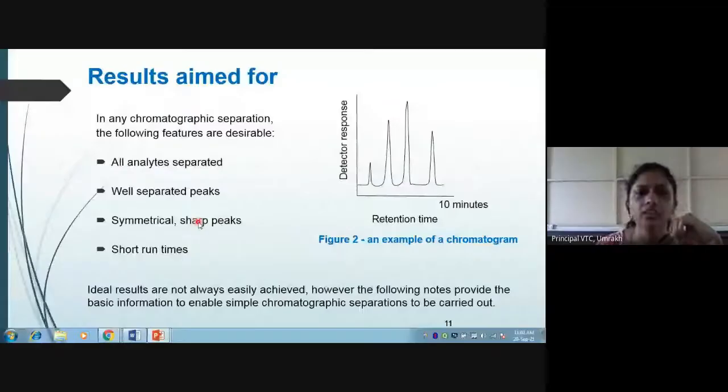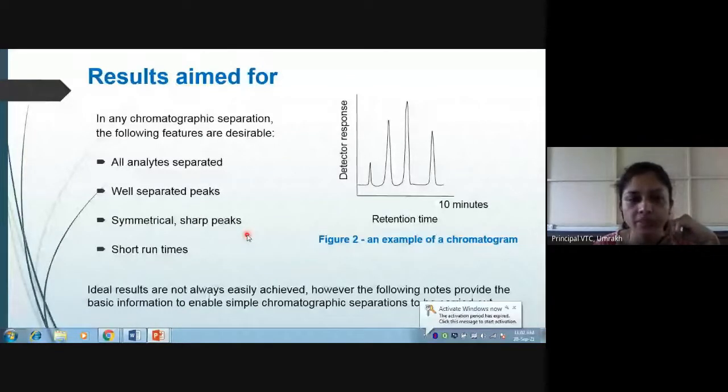The third thing which we have to achieve through chromatographic separation is that the peaks need to be symmetrical and sharp enough.